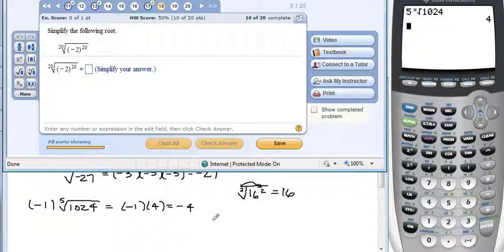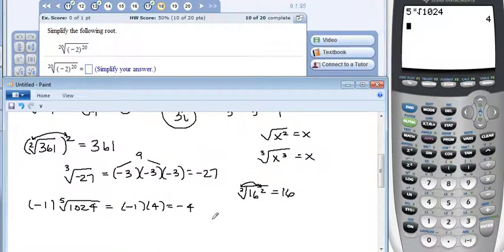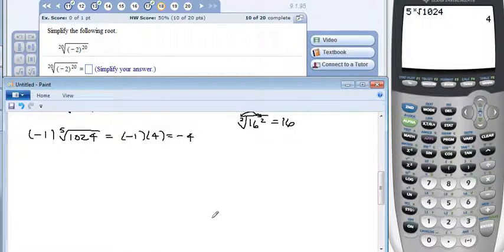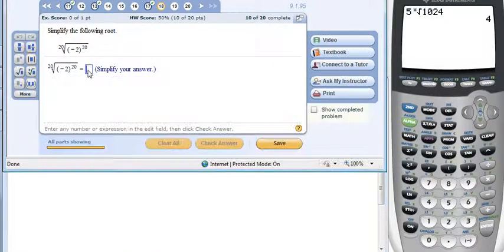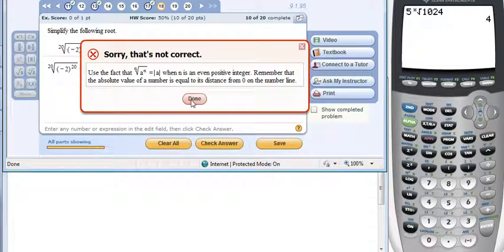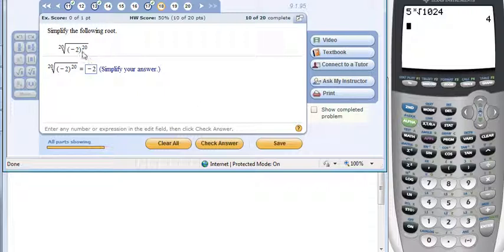But this one's a little different. Because if I was to take, like, okay, here, if I put a negative 2 in here, it's going to tell me I'm wrong. And why is that? Because I just told you that it's whatever it is underneath there. It's the radicand.